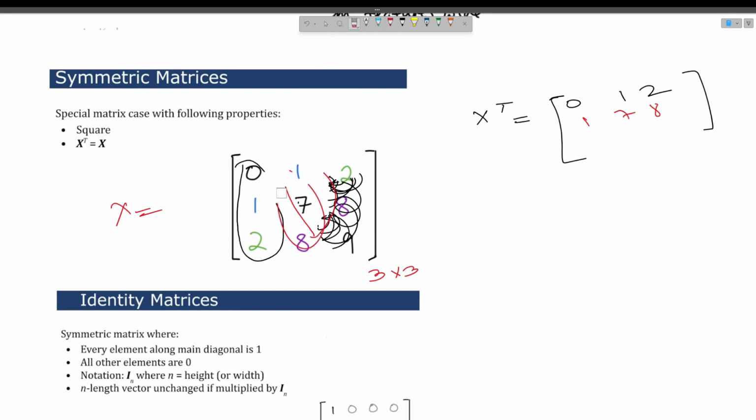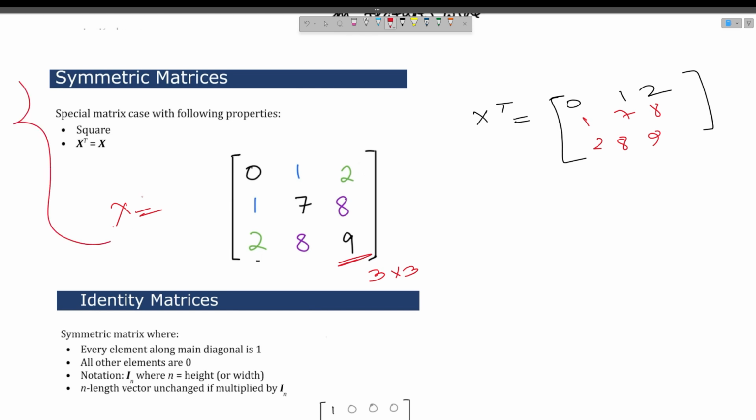Now we can easily see what's happening here. The final column we have is 2 8 9, so this should be 2 8 9, right? And now if we look at X transpose and check the similarity, you can see 0 1 2, 0 1 2, 1 7 8, 1 7 8, 2 8 9, 2 8 9, right? So this is basically a symmetric matrix.